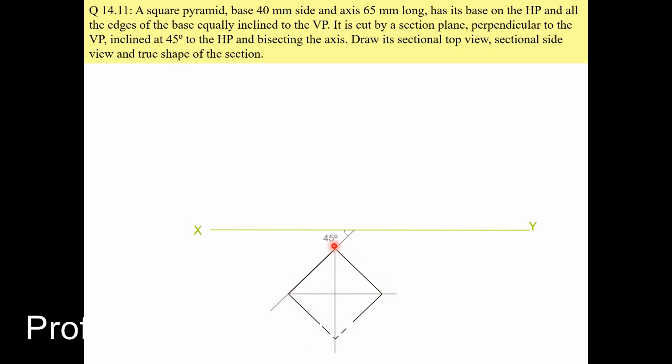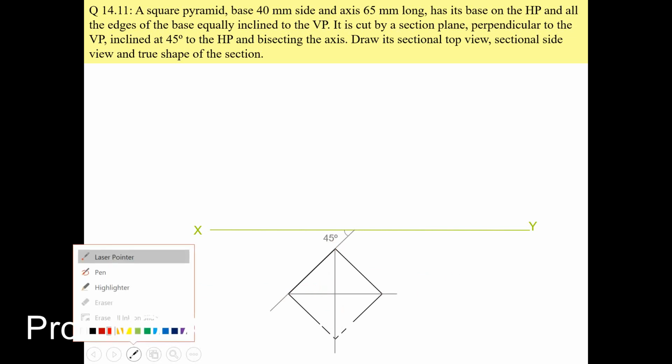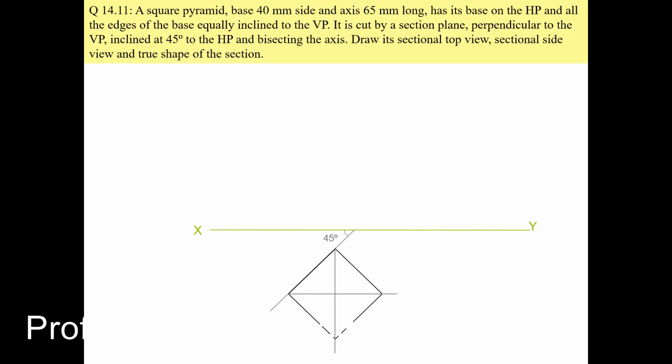Or otherwise you can take a vertical line and a horizontal line, and draw a square sidewise, 40 by 40, in this way. This is the other method I am showing you. Then join the diagonals in this way.